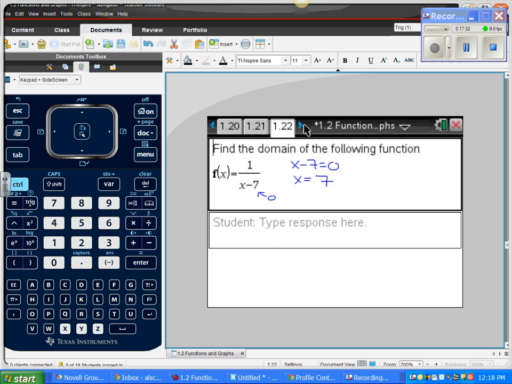Solve for x, and you have the value that x cannot equal. So you would state that as: the domain equals all real numbers such that x does not equal 7. That's how you would express your domain.